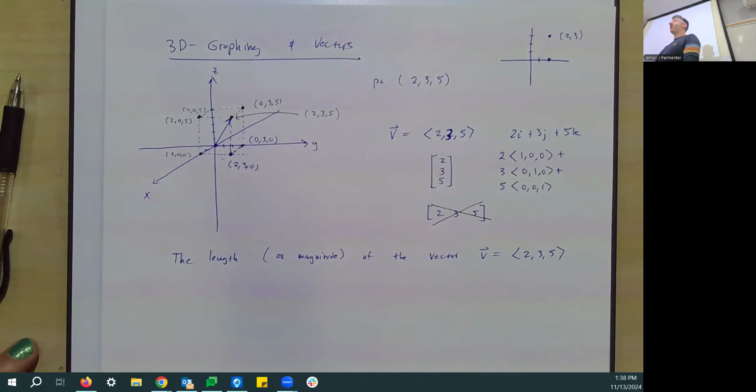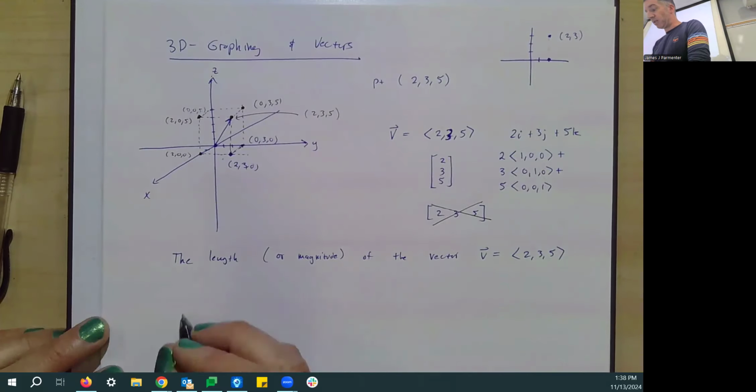It is just how far it is from its initial point to its terminal point. This vector is drawn in standard position, meaning it's starting from the origin, which is how we would love to draw every vector if we could, because it's nice. And it also makes it easy to find the distance between the initial point and the terminal point.